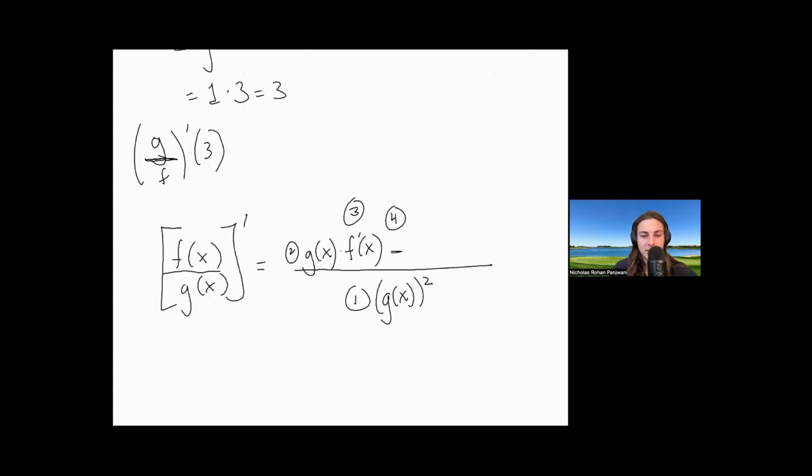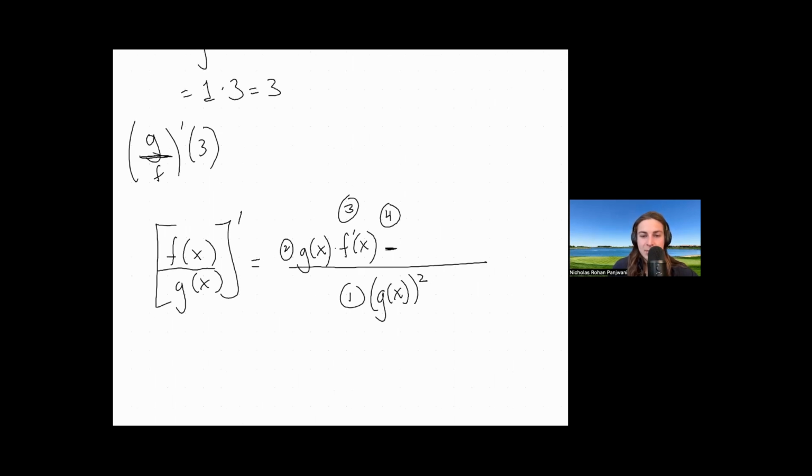I'll bring that up, even though we're not addressing a problem that directly uses it. Then the next step is g prime of x, and then f of x. So you can see on either side of this minus sign, we have one function being constant as it was originally, and then the other function, we take the derivative of it. And of course, on the bottom, we have this g of x squared.